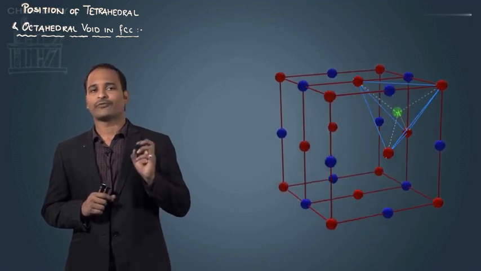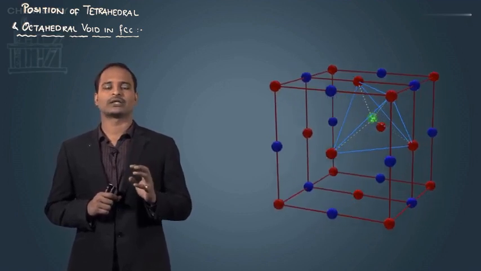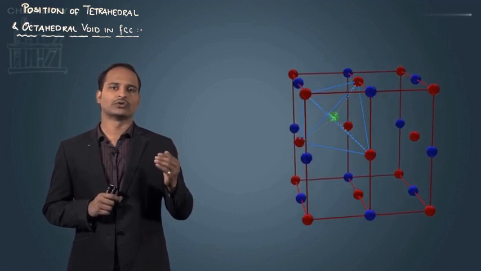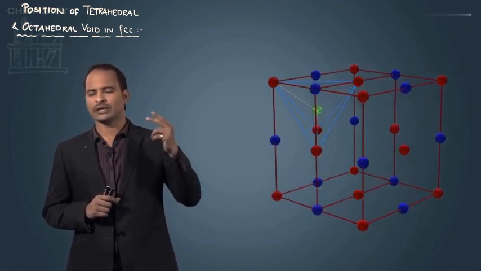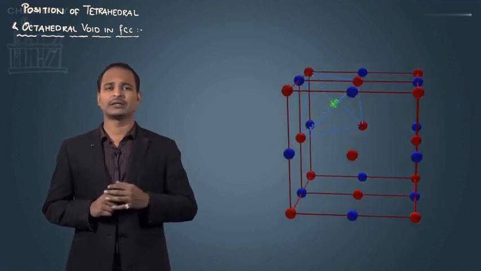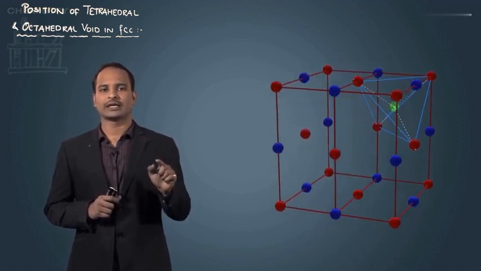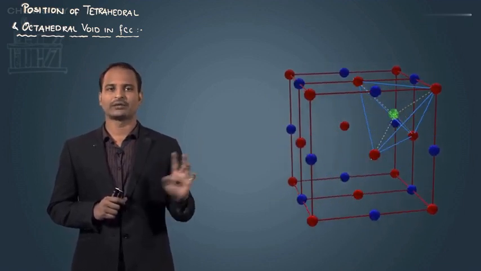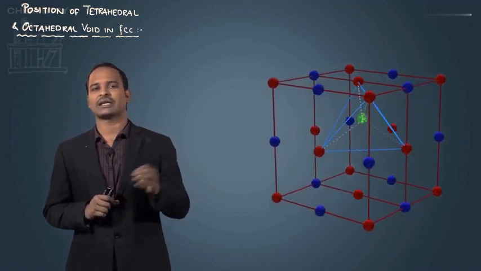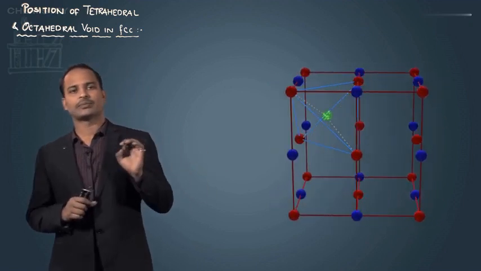There are a total of 4 diagonals in a cube, so 4 diagonals into 2 tetrahedral voids means 8 tetrahedral voids are present.